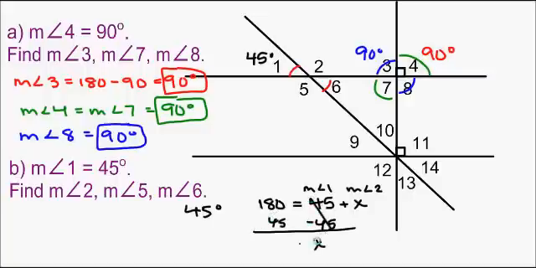And our angle is 135 degrees. So angle 2 is 135 degrees. Then, using vertical angles, we can determine that 5 is the same as 2, so this is also 135 degrees.